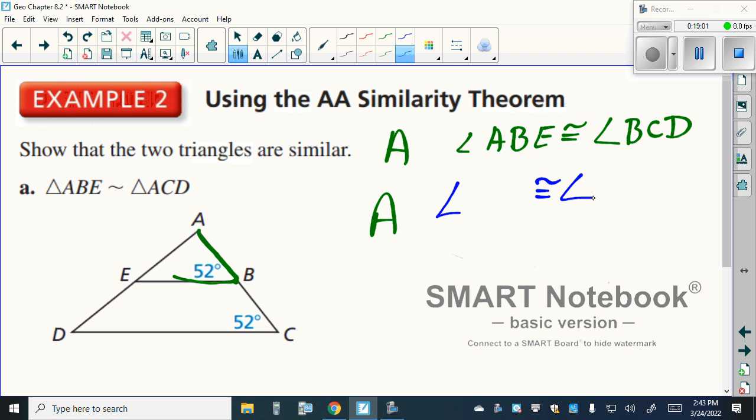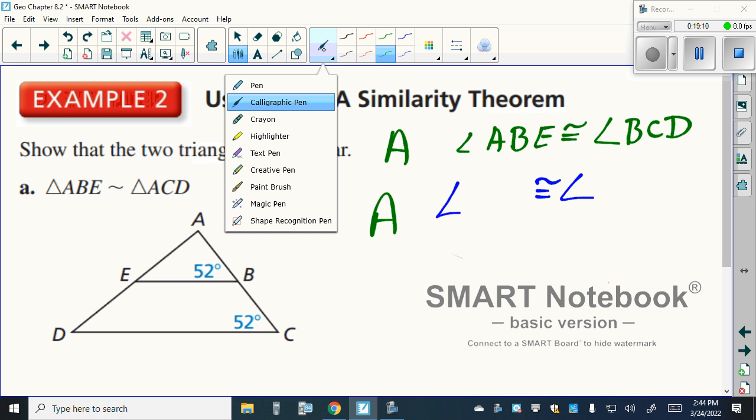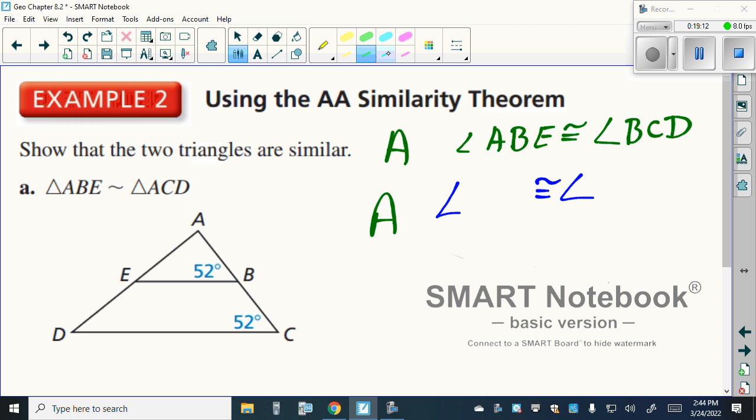Why A? So let's see what triangles we're comparing here. So they said ABE. A, B, E. Yes? And the other one was what?